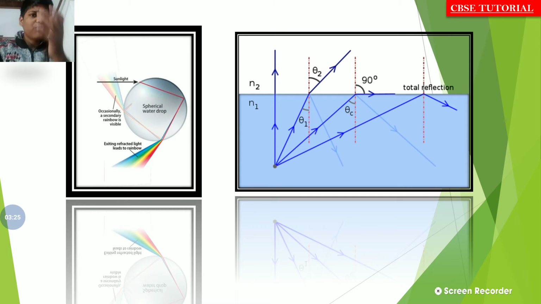In the first case, case 1, the light ray travels from a denser medium to a rarer medium without any refraction. Here the angle of incidence is equal to the angle of refraction, because it is traveling along the imaginary normal axis, right?